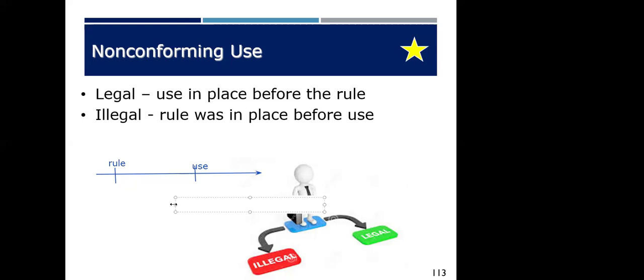Before you open a home daycare, the first thing you need to do is check with the zoning board to make sure it's allowed. So non-conforming use, you're not conforming. One, you're grandfathered in. The other one, you just went and did it anyway, knowing you're breaking or not knowing you're breaking the rules. Questions on non-conforming use?